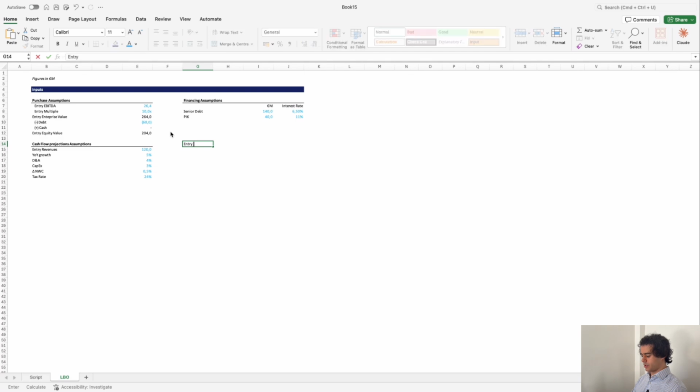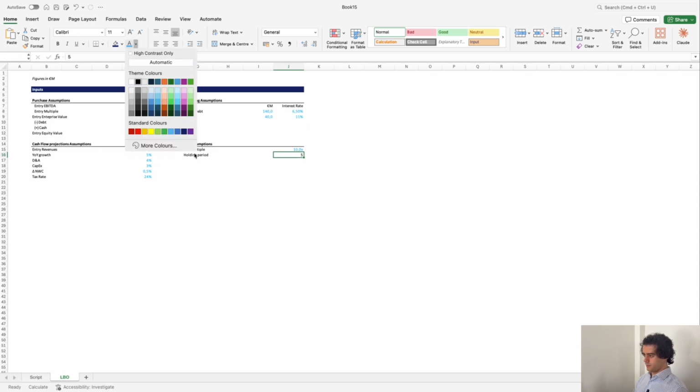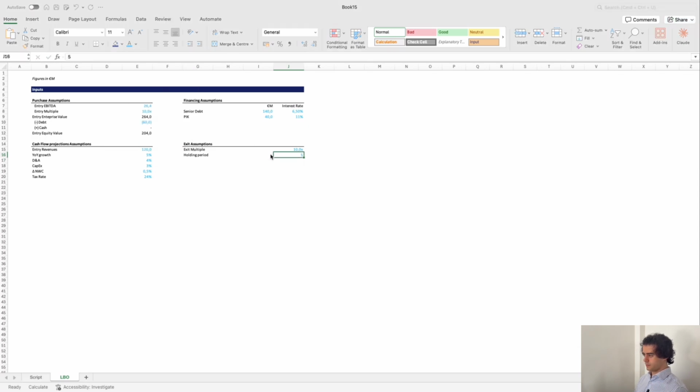Now our exit assumptions. And so we have an exit multiple of 10 and a holding period of 5. Perfect. So let's now formulate our sources and uses table.